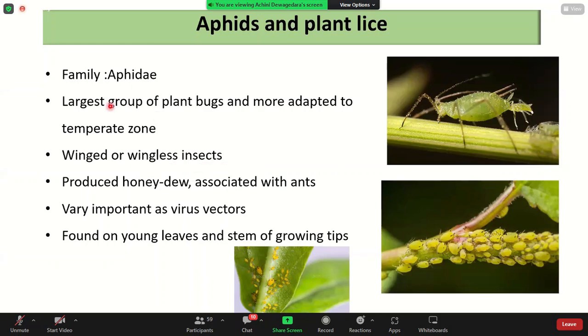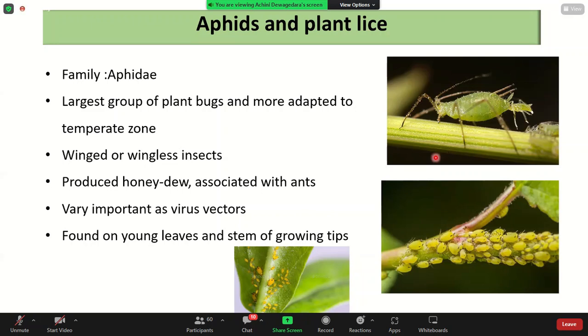They are the largest group of plant bugs, and they are also adapted to many environmental conditions, but they are well adapted to temperate conditions, right? Insects with wings and without wings are also available. They also produce honeydews, and they are associated with ants too. They also have sucking mouthparts.